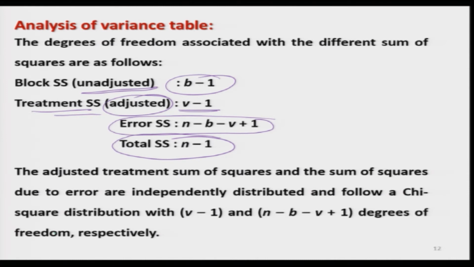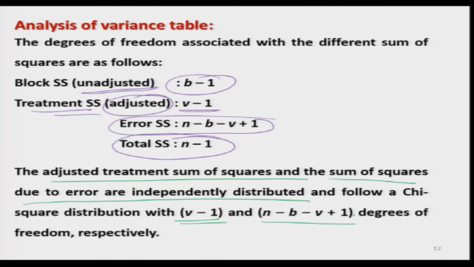First of all, you can very easily verify that here the adjusted treatment sum of squares and sum of square due to error are independently distributed. They are following a chi-square distribution with v minus 1 and n minus b minus v plus 1 degrees of freedom respectively.